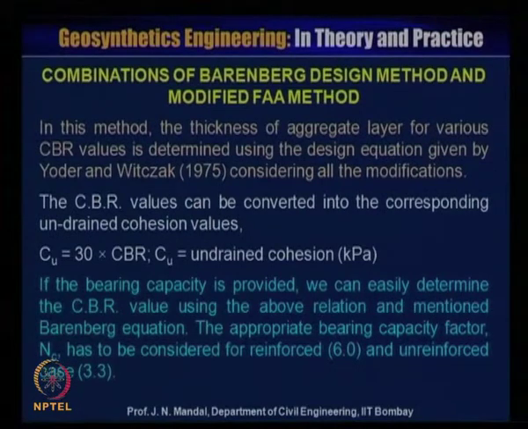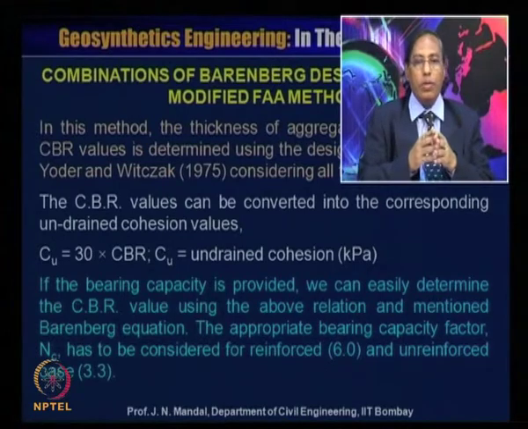Now, the combination of the Barenberg design method and the modified FAA method. In this method, the thickness of the aggregate layer for various CBR values is determined using the design evaluation given by Yoder and Witczak 1975, considering all the modifications. The CBR value can be converted into the corresponding undrained cohesion value, that means Cu is equal to 30 times CBR, where Cu is the undrained cohesion value in kilopascal.